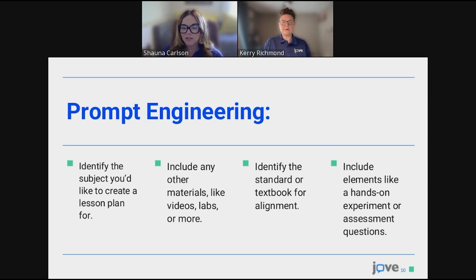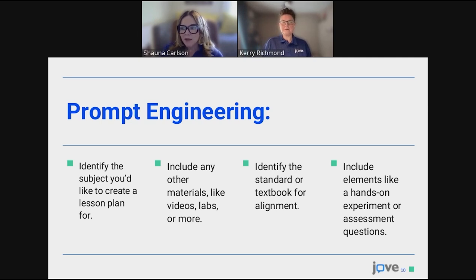Prompt engineering is really the practice of designing and refining the different prompts that you enter into ChatGPT to effectively communicate with it the most useful and relevant responses that you want to get back. So it really involves crafting your inputs in a way to help guide the AI to produce those outputs that you want more efficiently and more effectively.